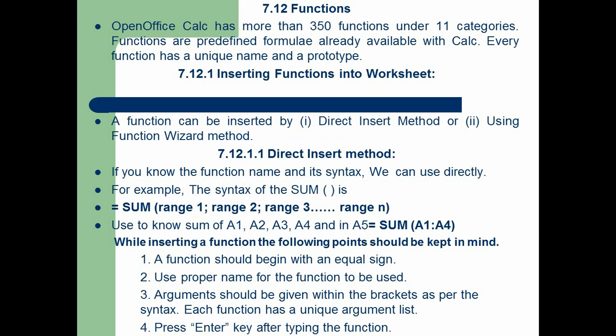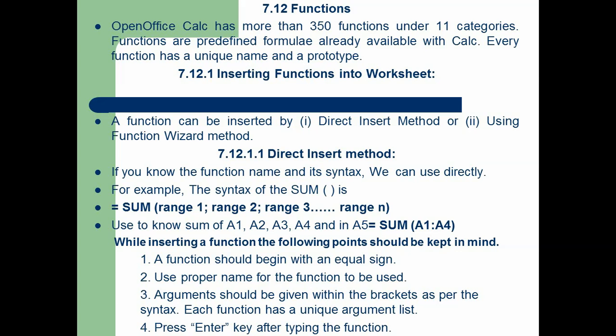Functions. What is a function? Functions are predefined formulae. For example, if you want to find the addition of five numbers, then you can use a formula like A1 plus A2 plus A3 plus A4. In the same way, these formulas are created and defined with a name and stored in OpenOffice Calc.